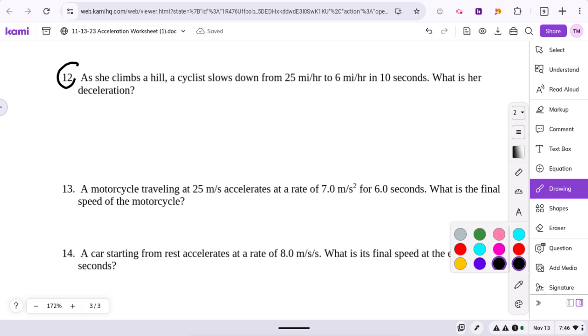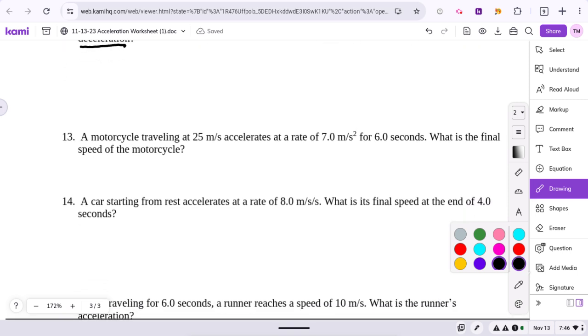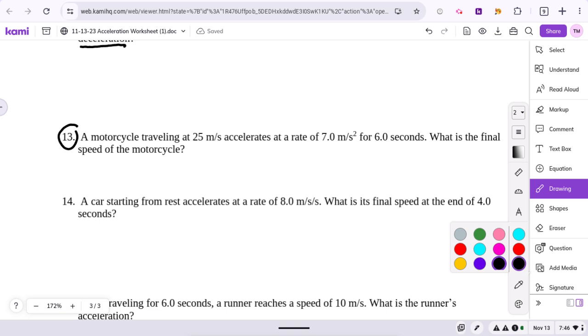Similar here, this one's going to be negative acceleration or deceleration. This one's going to be one like we did before. You might need to multiply first because it's giving you its acceleration rate and how much time and how fast it was going.